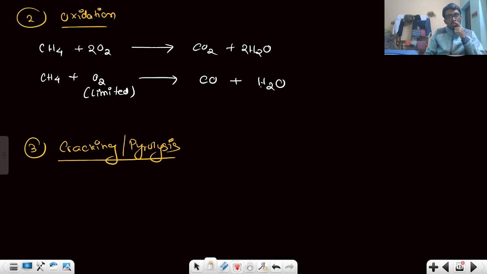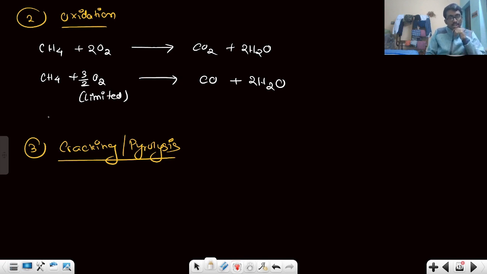Clear? So in this case you see hydrogen I have to multiply by 2, so 2 plus 1 is 3, so I have to write 3 by 2. If I burn this in limited air, then I am going to get carbon monoxide. That is why you should not burn coal in a closed room, because carbon monoxide is poisonous for our health. You know that?